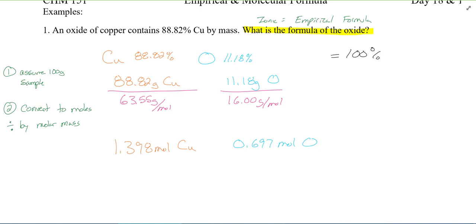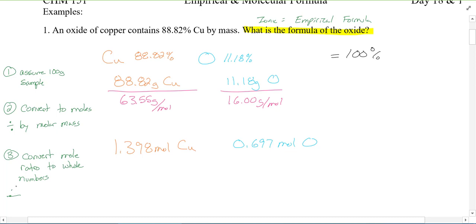So step 3, we're going to convert the mole ratio to whole numbers by dividing by the smallest.